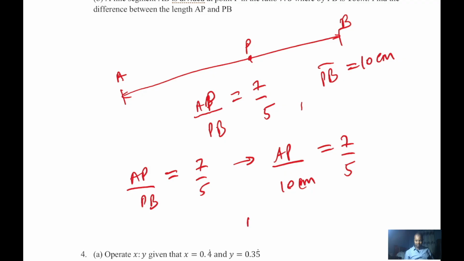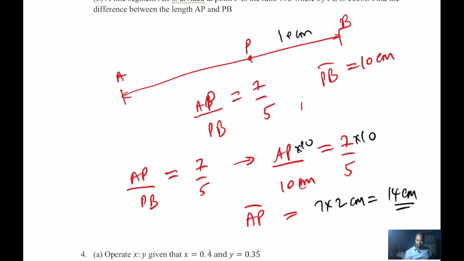So you cross multiply, you multiply by 10, of course. So AP, you multiply by 10 here, by 10 there. Eventually, AP now will be 7 times 2 centimeters, which is equal to 14 centimeters. PB was 10 centimeters, and the other side was 14 centimeters.